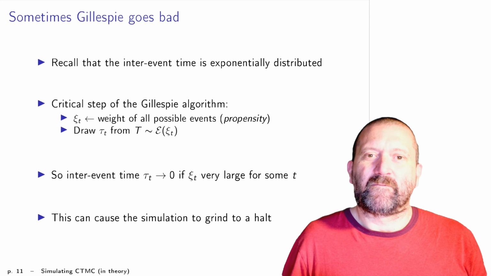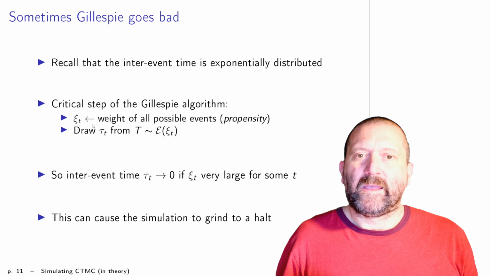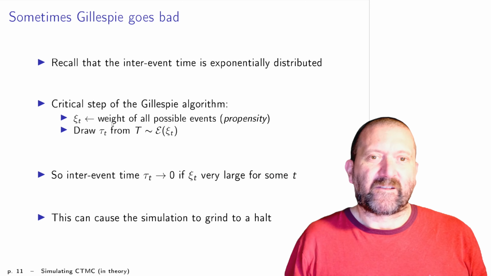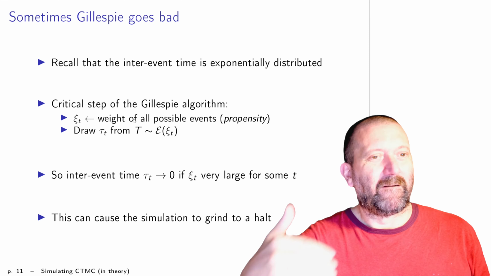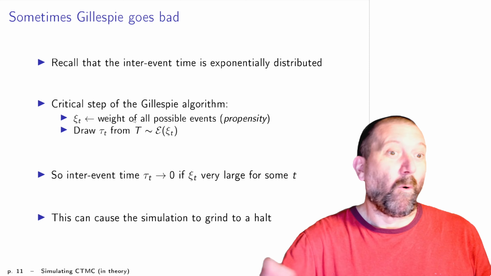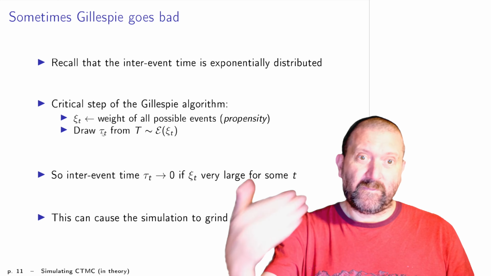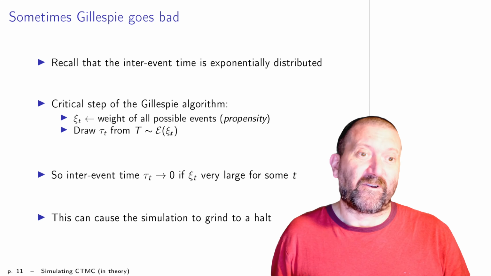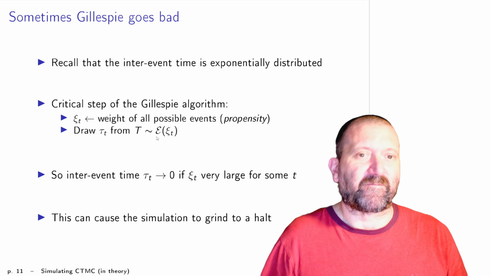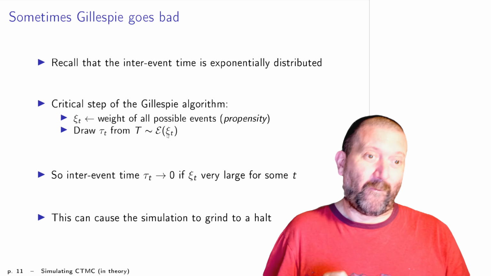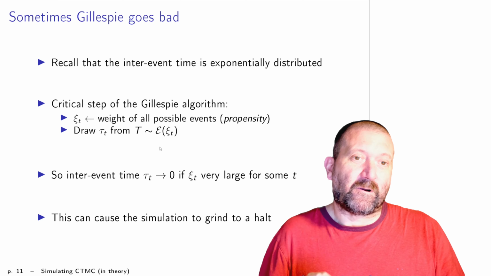Remember that we have a step where we get psi of t to be the sum of all the propensity functions, and we draw the time to the next event from a distribution that's exponentially distributed with parameter psi of t.